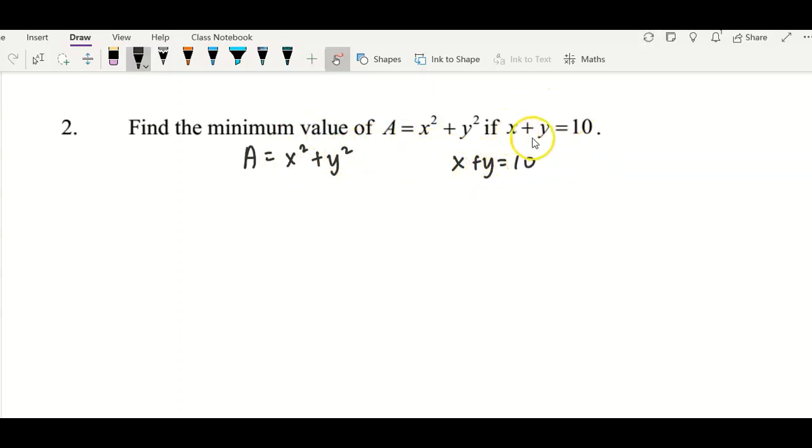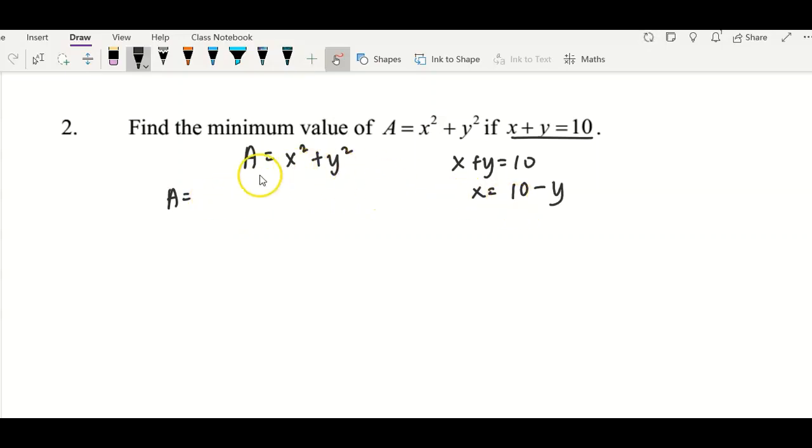I use this information, x plus y equals 10. I will find x in terms of y, then substitute x as 10 minus y into A, so that I can make A an expression with only a single variable.